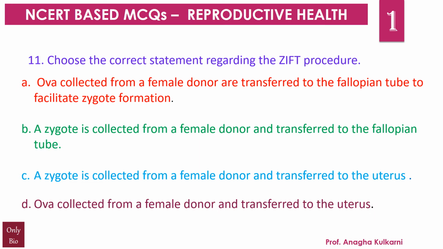D. Ova collected from a female donor and transferred to the uterus. And the correct answer for this question is B. A zygote is collected from a female donor and transferred to the fallopian tube. So it is zygote intrafallopian transfer technique.